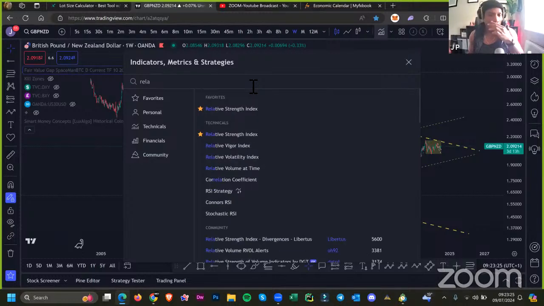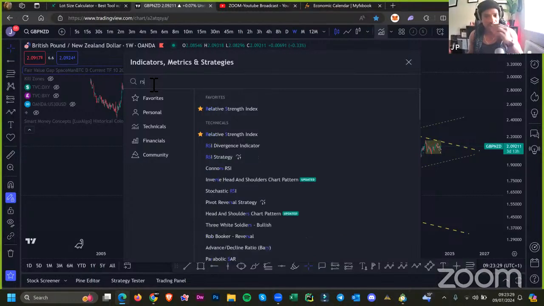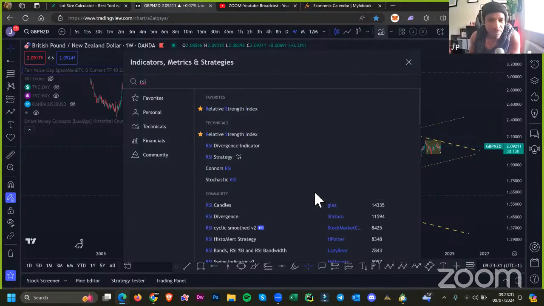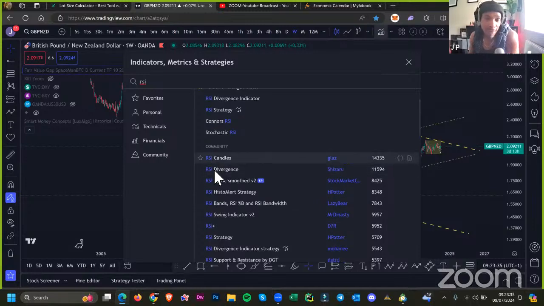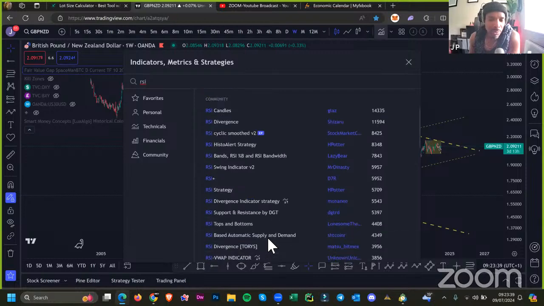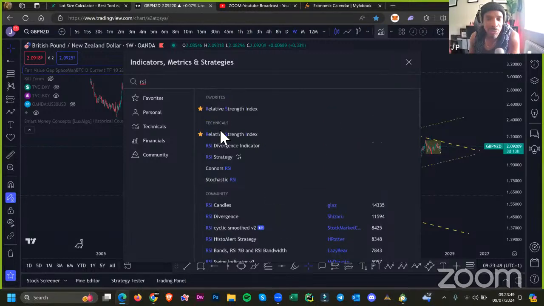I'm trying to pull up the one that I was looking at yesterday. See, some of these have RSI with divergence, RSI with the candles, RSI with blah, blah, blah. They're all the same stuff, but people have added a little source. These guys here, Glaz, Shizaru, these people who created these indicators have added something to them. All right. Let's just use this one here at the top.